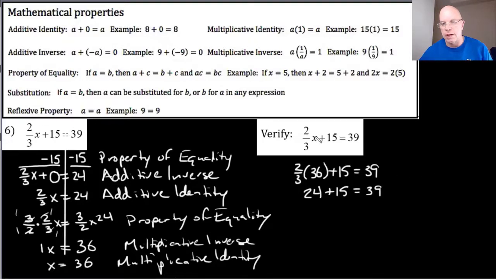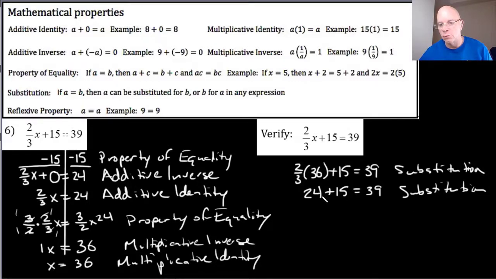I substituted x for its equivalent value, and that's substitution. Anytime you substitute an expression for its equivalent value, you're using the substitution property. In the same way, when I multiplied 2/3 by 36, the product is 24. So I substituted this multiplication expression for its value. That's also substitution.